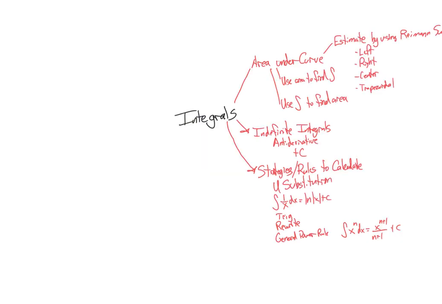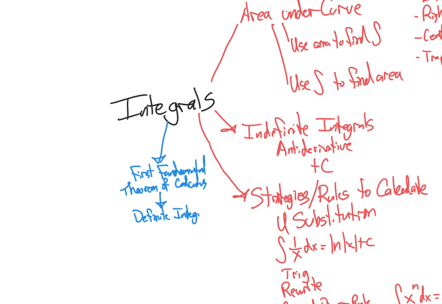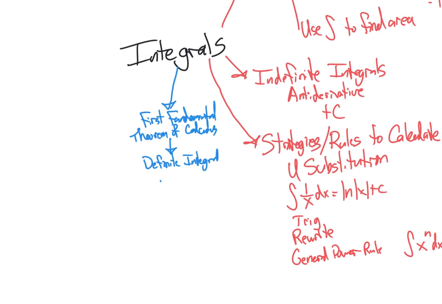Now the next thing I'd like to talk about is the first fundamental theorem of calculus. And this is what we call the definite integral or definite integration. That's when you take the integral from a to b of some function of x dx.